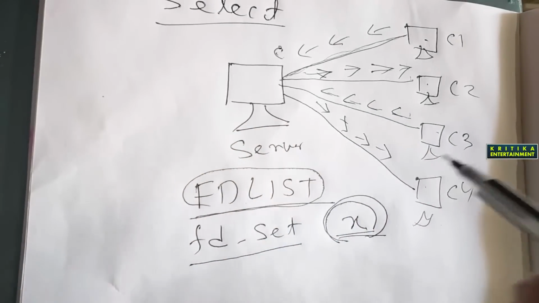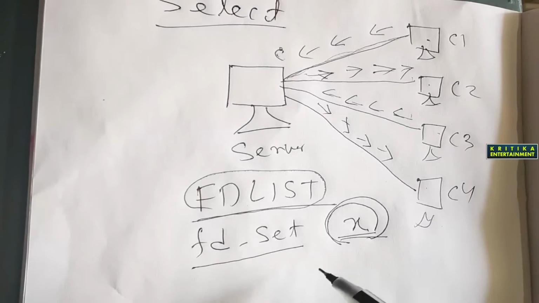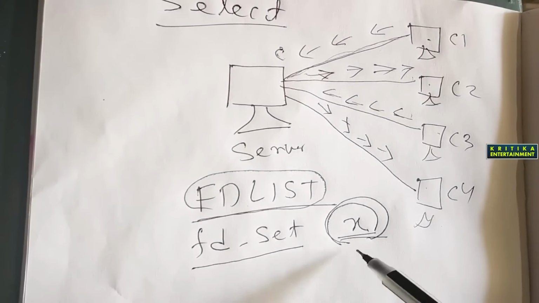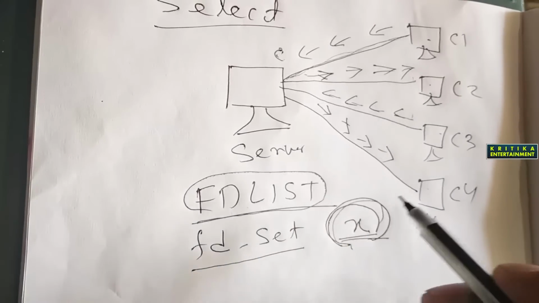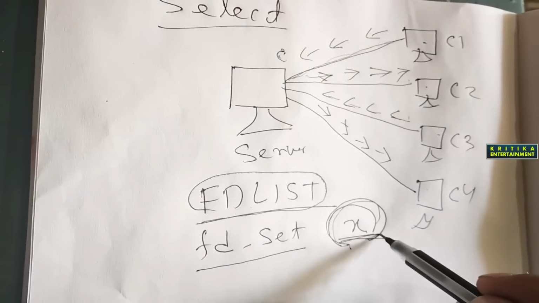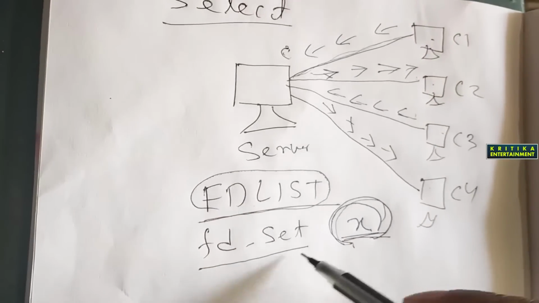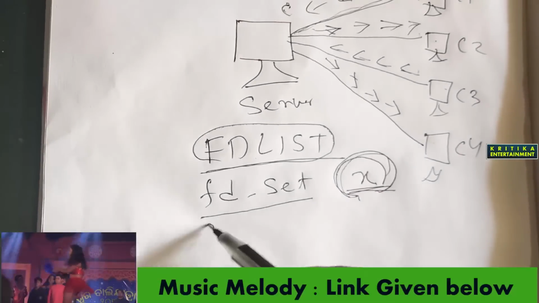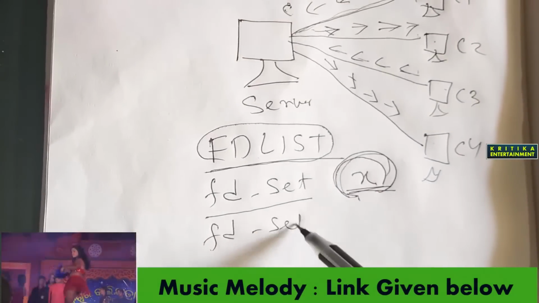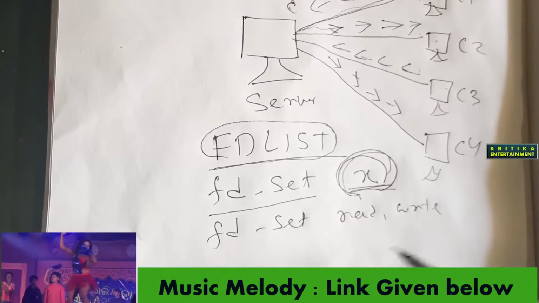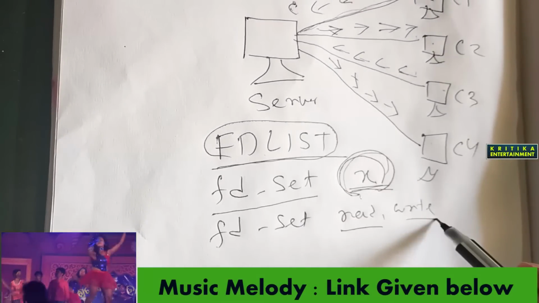When we declare an FD set, suppose X, it makes an FD set. Suppose here I write read FD set and write FD set, which means two FD sets I have defined.